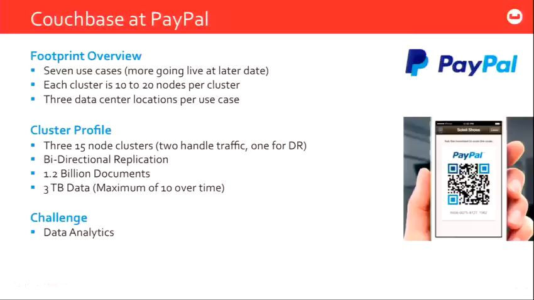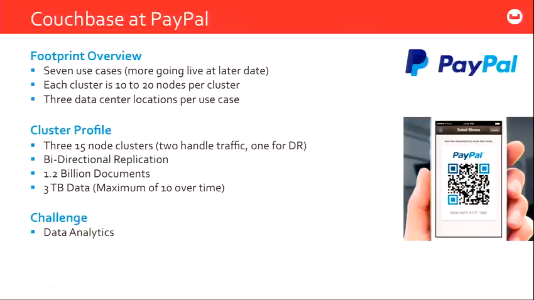The cluster profile, specifically for the solution that Shibi supports, is around their global cookie service, and that's 15 nodes with 3 locations, one of them being a DR site. They're all bidirectional. There's roughly a little over 1 billion documents supporting the global cookie store. That represents about 3 terabytes of data, and I think the projection over time is roughly about 10 terabytes.